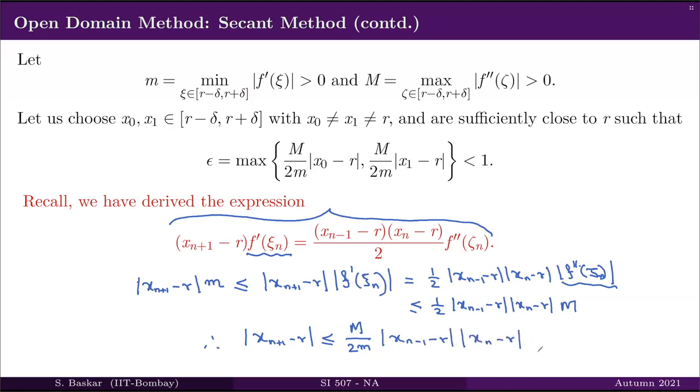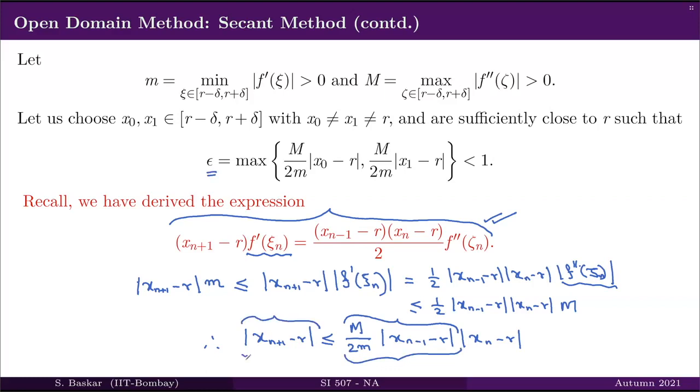This will hold for all n equal to 2, 3 and so on, because this expression holds for all n equal to 2, 3 and so on, right? Now you can understand why I have involved an expression like M by 2m into x0 minus r and so on in defining the parameter epsilon, because such expressions are sitting on the right hand side of my error term.